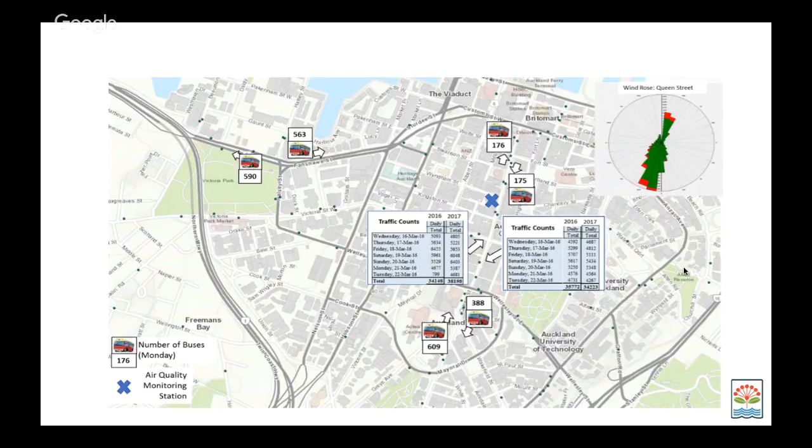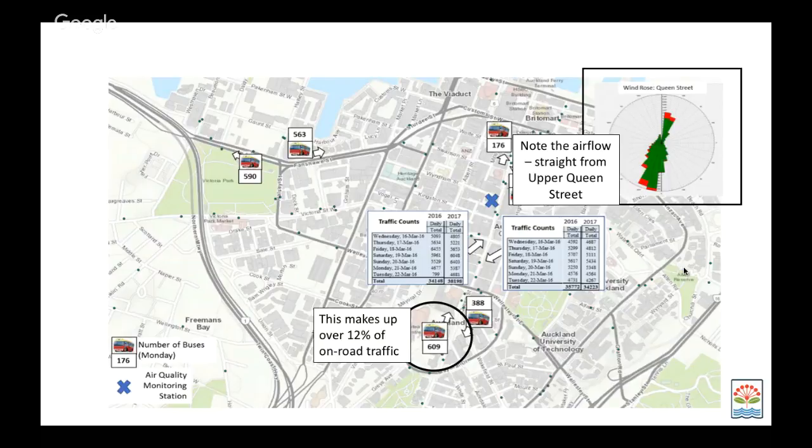So 12% from the buses, and then there's the predominant southwesterly, which brings the wind flow down from the top of the hill through the street canyon. You can have complex changes happening in a street canyon environment, where you get stagnation and vortexes and different flows, which can cause concentrations to be quite a lot higher on one side of the street canyon versus the other.